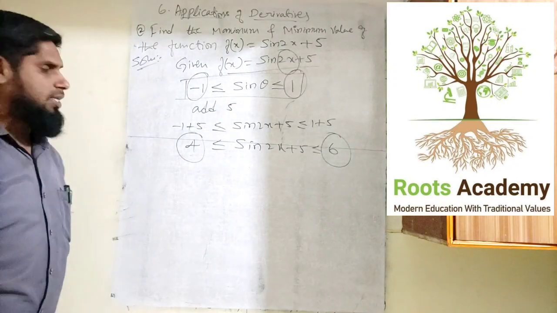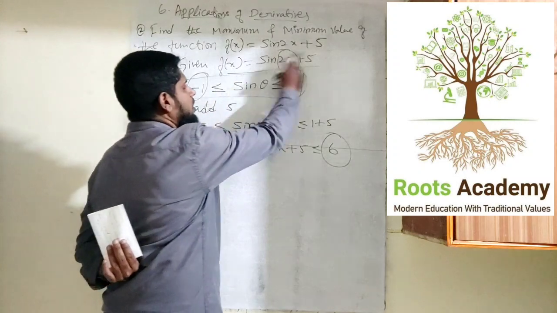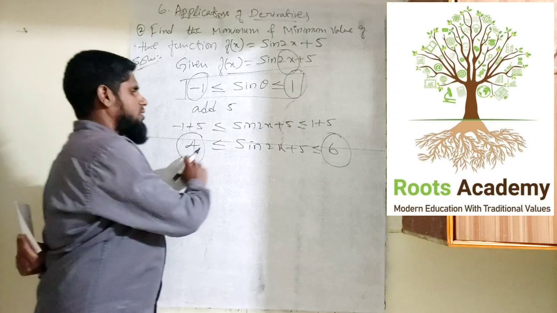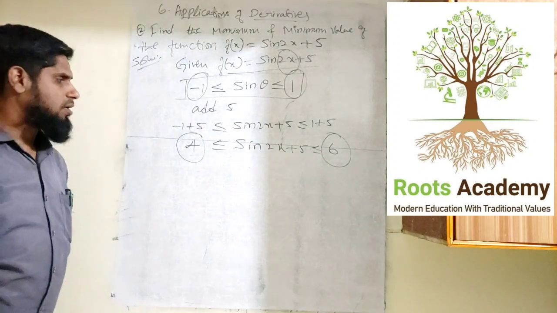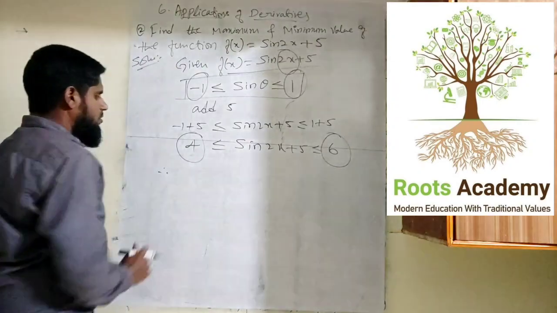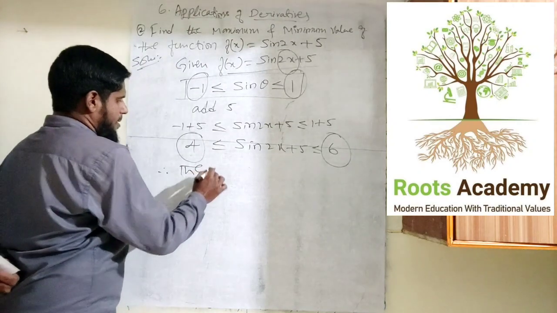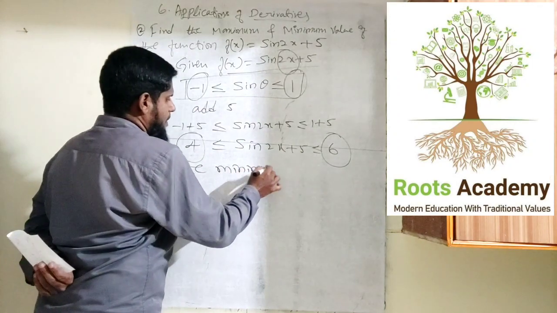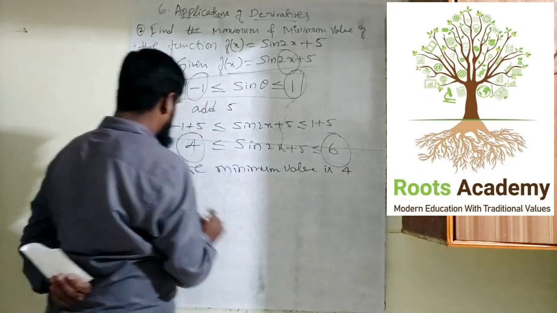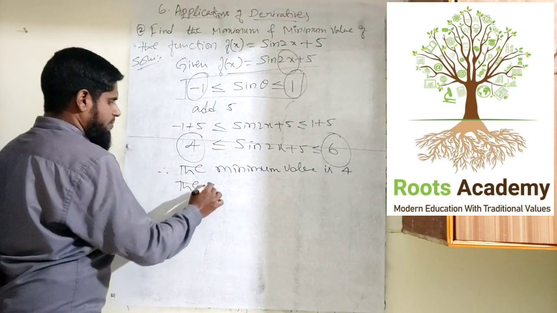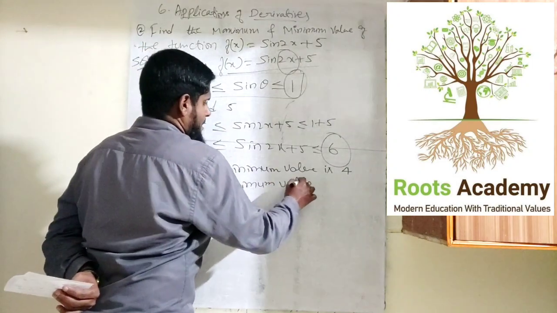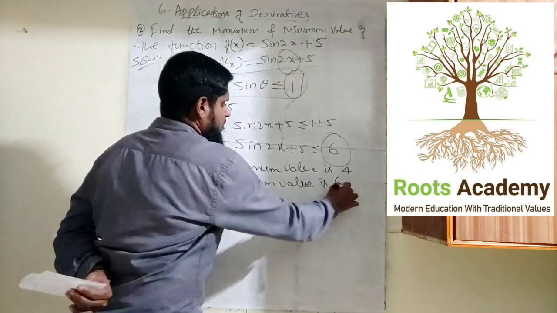Since he has not specified any restriction on x, for any real values this is the answer. So what is our conclusion? Therefore the minimum value is 4 and the maximum value is 6.